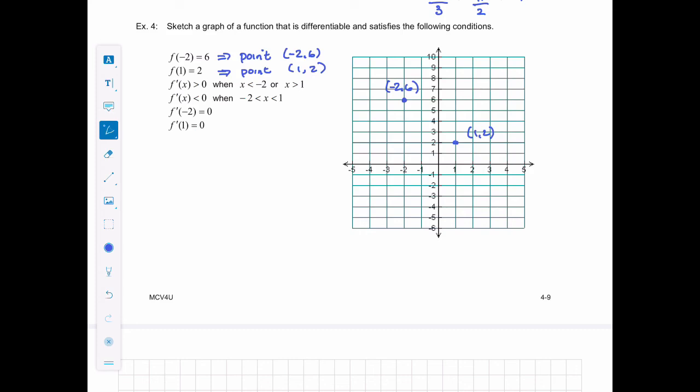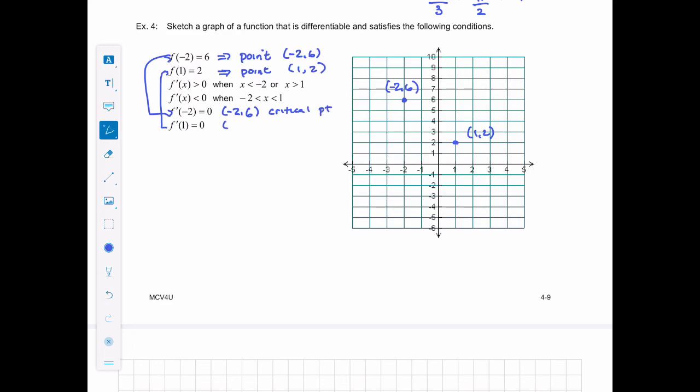And then I can't help but notice that these two have some connections, and these two have some connections, right? So what this is really telling me is (-2, 6) is a critical point.